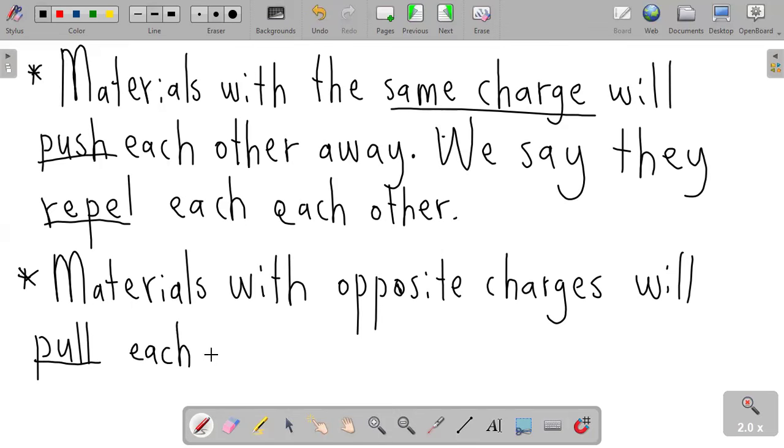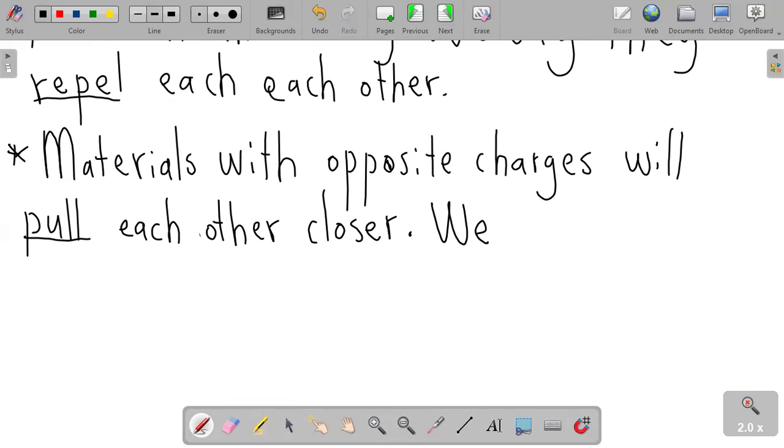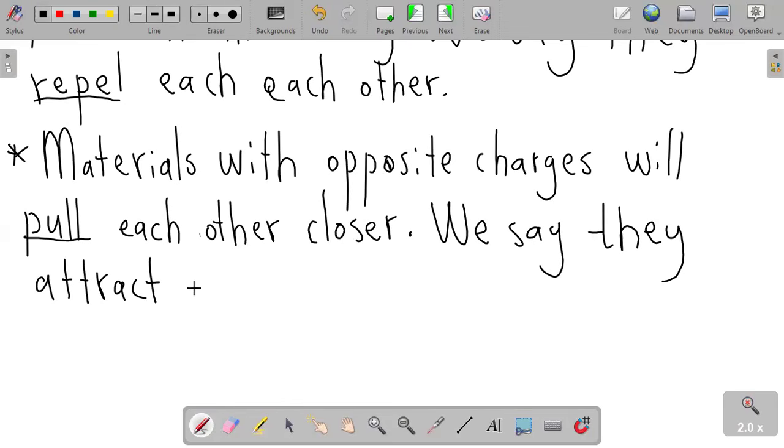They will pull each other closer. We say that they attract each other.